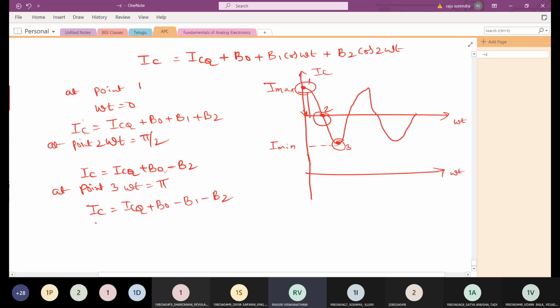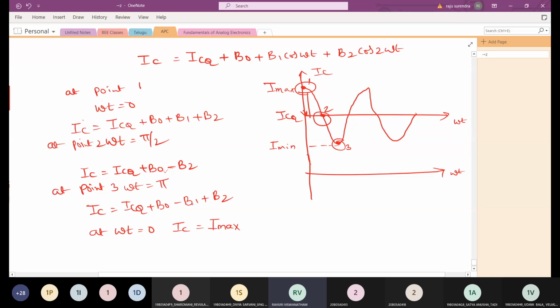From the above, at omega t is equal to 0, IC is showing I max, right? At point 3, ICQ plus B0 minus B1 plus B2, right?